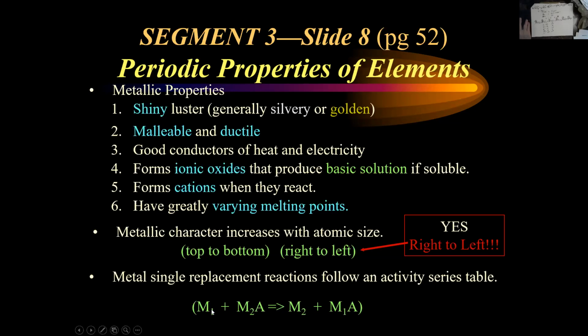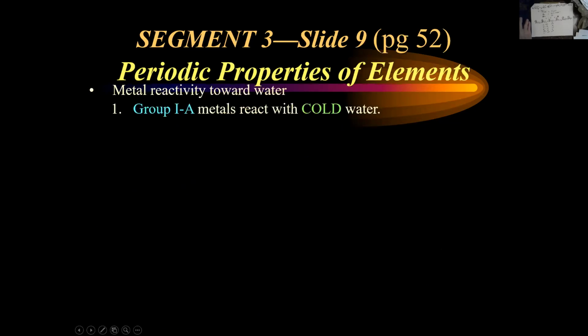So if we expect a single replacement, like M1 goes in, and M2 comes out, then for that to happen, M1 has to be more reactive and higher on that activity series table than M2. We'll work on that in much, much more detail later, even in great detail in Gen Chem 2.